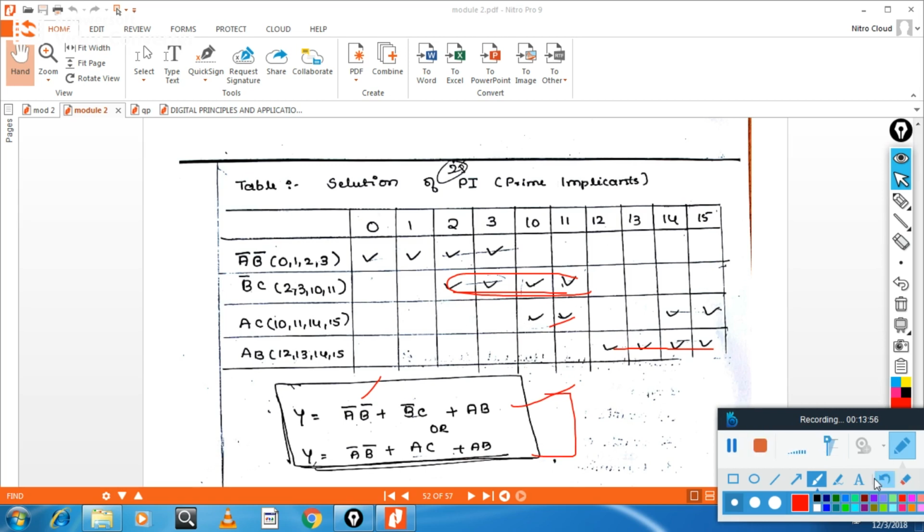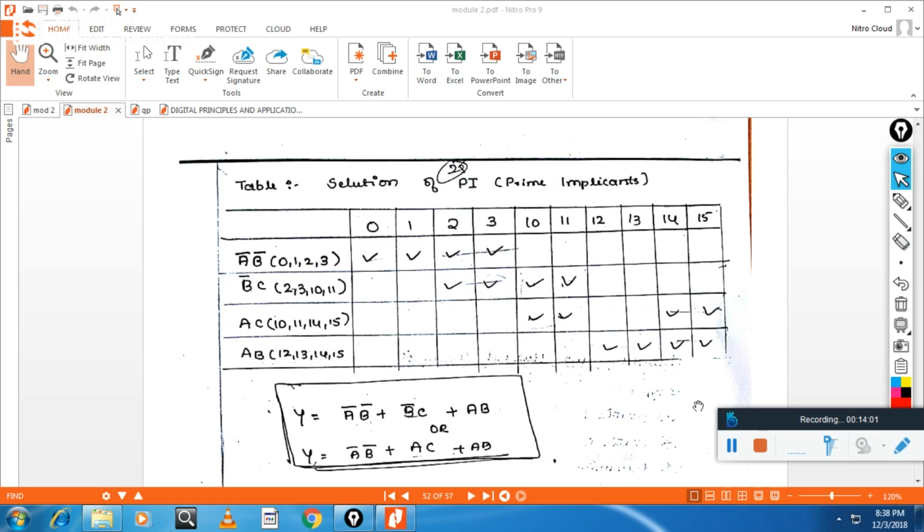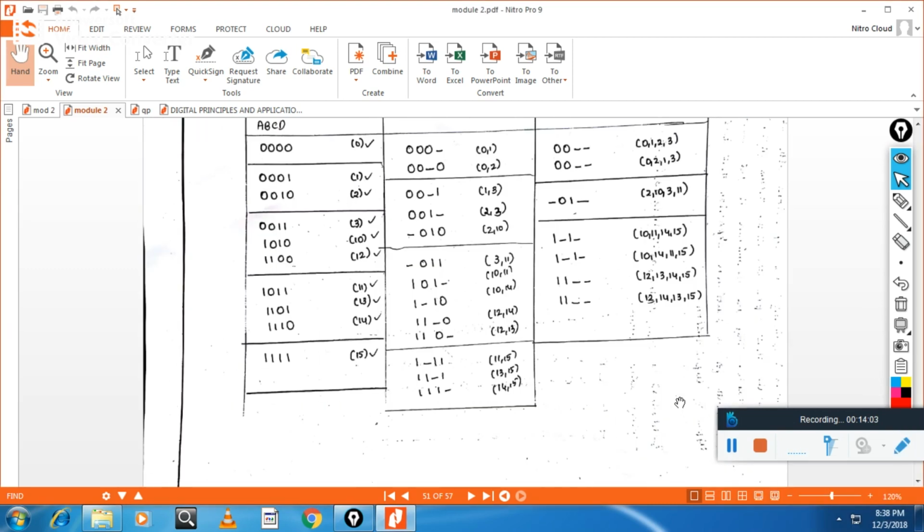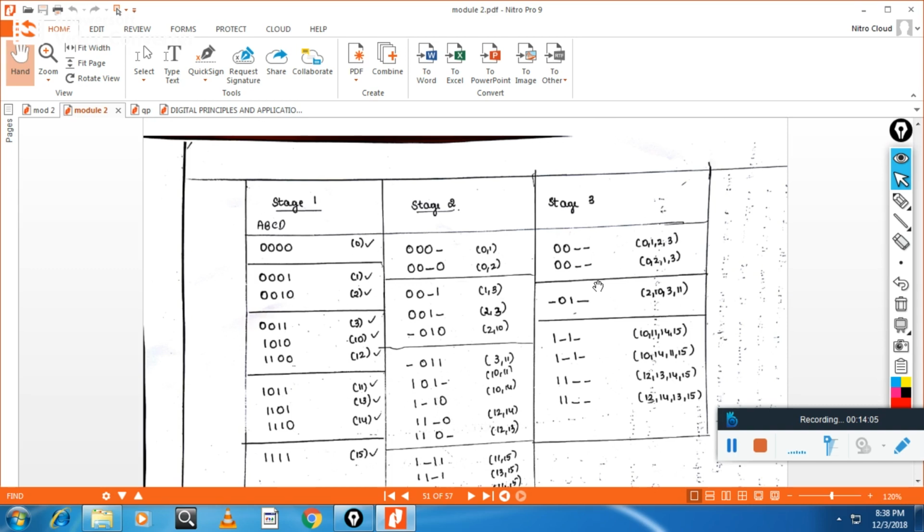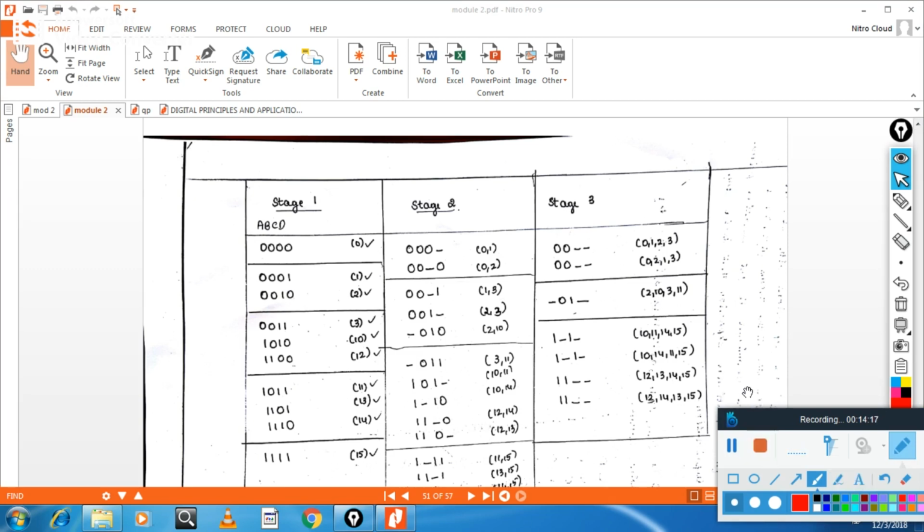Now one question in the student's mind is how will we know whether we have to proceed to stage 1, stage 2, stage 3, stage 4? How will we know how many stages there are? Now here you see, can you compare this and this one? In this example, if I compare this and this one, the 0 here is changed, the 0 here remains, and the hyphen here is changed to 1.